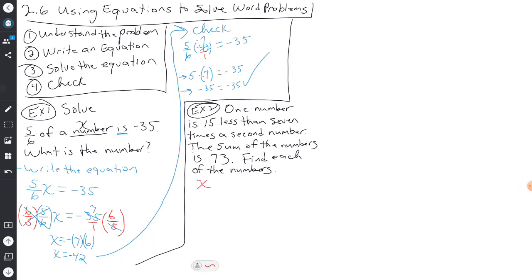Let's take that x. One number is 15 less than 7 times a second number. We start out with the variable x, and we know that the first number is 15 less than 7 times the second number.